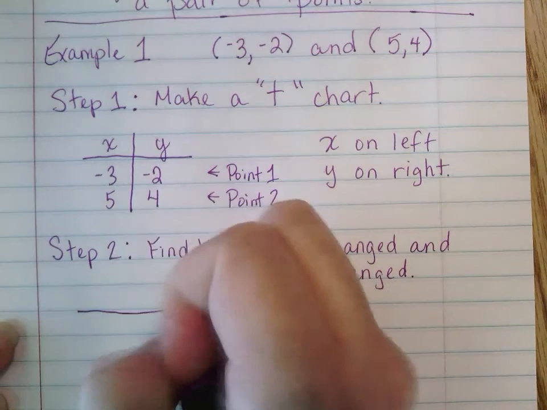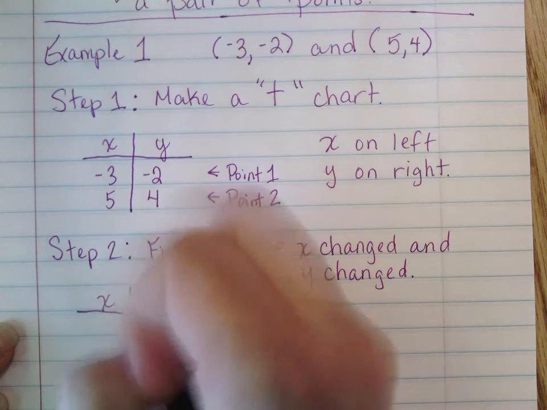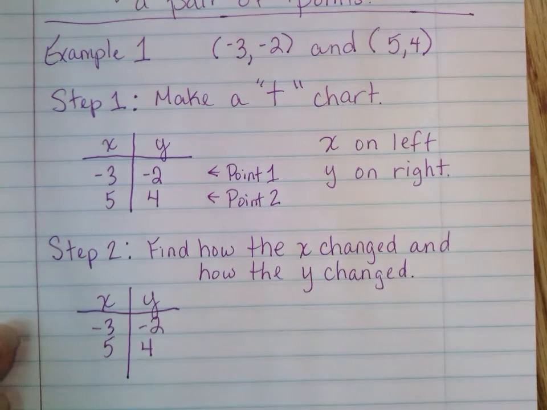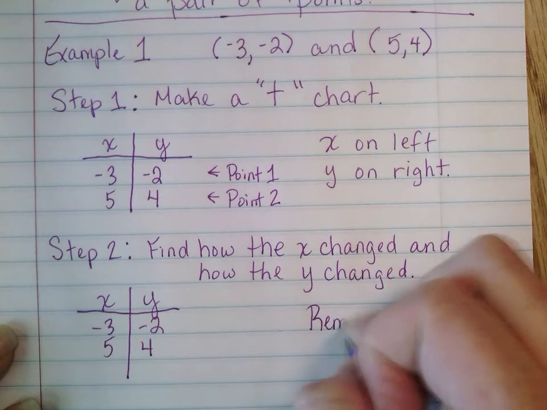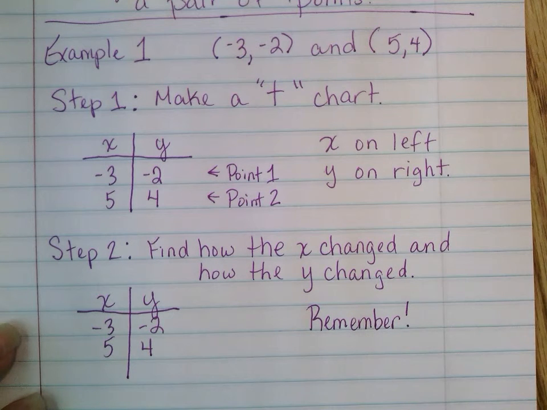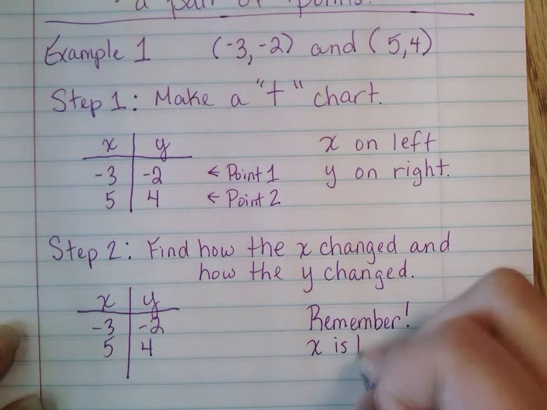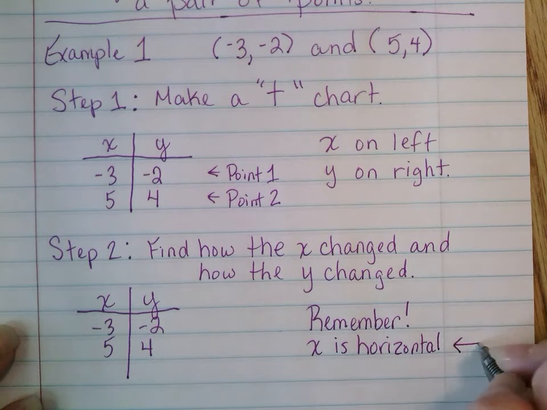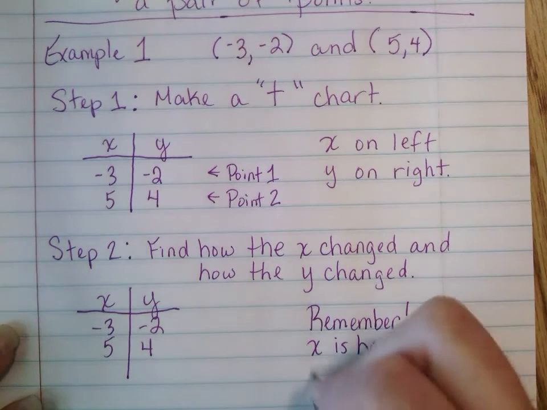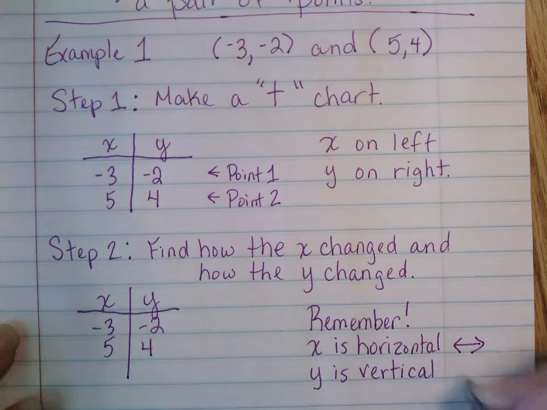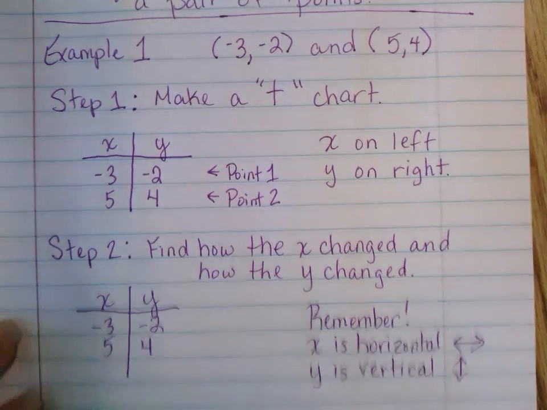So let me make this T-chart again right quick. We've got the X and the Y. There's the -3, -2. There's the 5 and the 4. Before we do this, remember, X is horizontal, so that's from left to right. Y is vertical, and that's up and down.